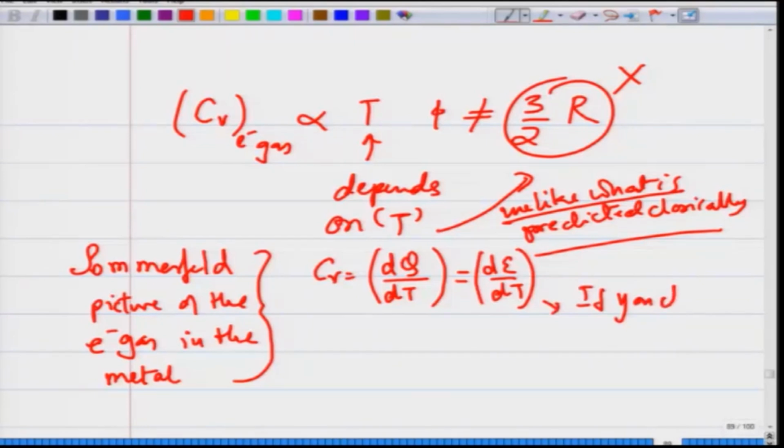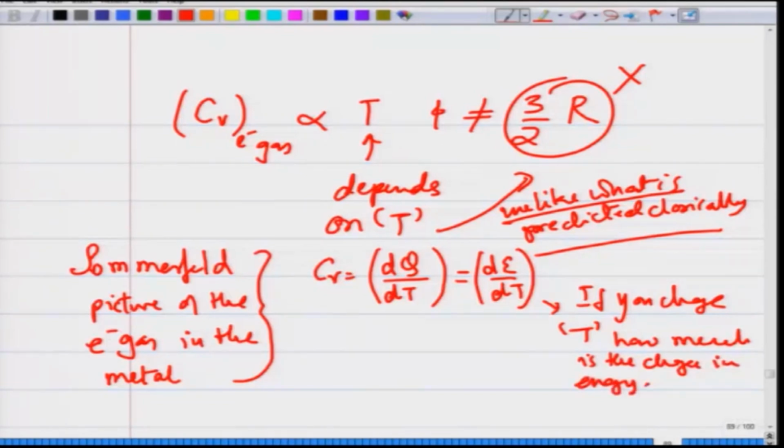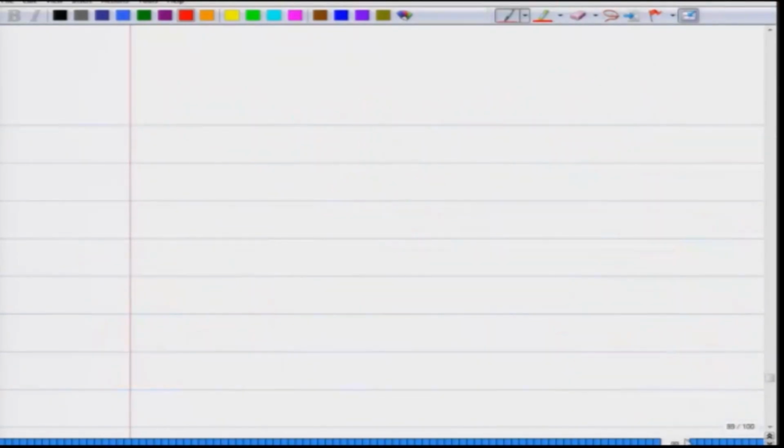If you change the temperature, how much is the change in energy of particles in the system. So, CV is the change in energy when you change the temperature of the system by dT.